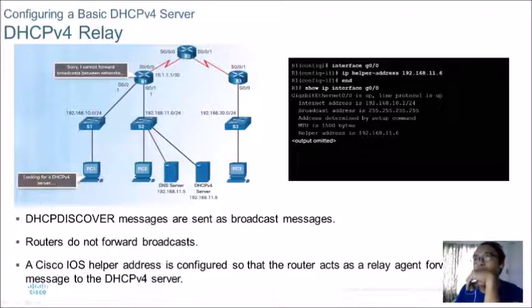Okay, let's say EIGRP or OSPF. Same is true here. So if this is the DHCP intended for this one, then that's no problem. Therefore, you are not going to put a DHCP intended for this one, right?